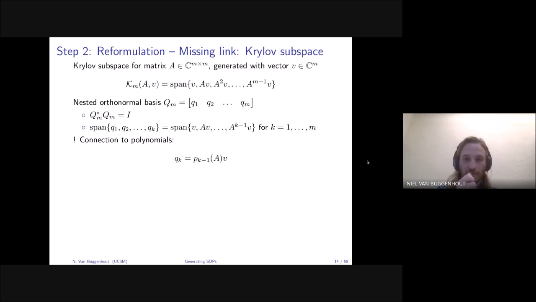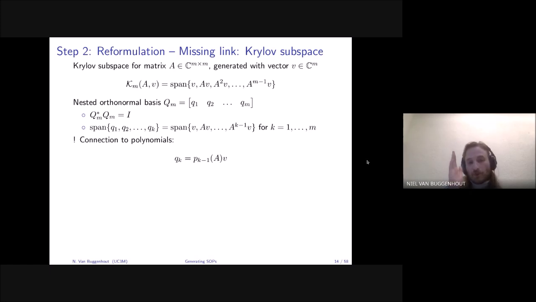It is the span of V, AV, A squared V, and so on until A to the power m minus 1 times V. This is very much used in numerical linear algebra, and there are very good methods which allow you to compute the nested orthonormal basis Qm of this Krylov subspace. So Qm is defined here. It's q1 up to qm, the small q's, and it has orthonormal vectors. And it's a nested basis for this Krylov subspace.